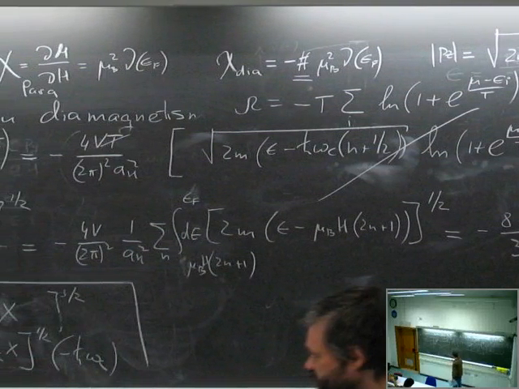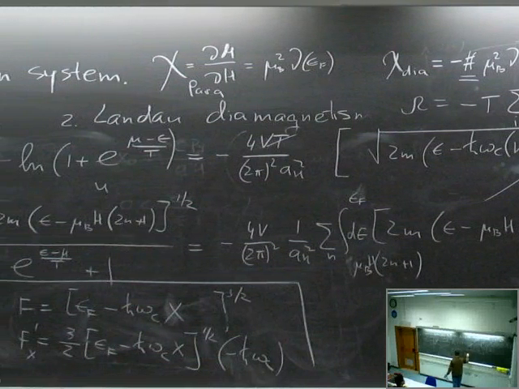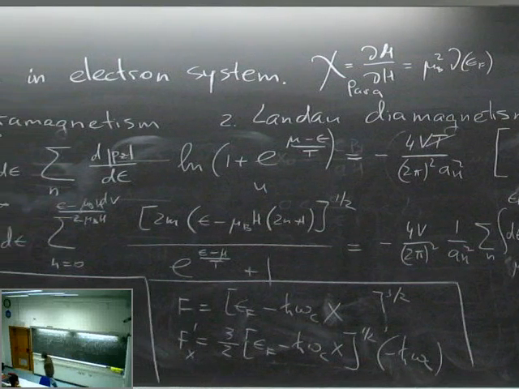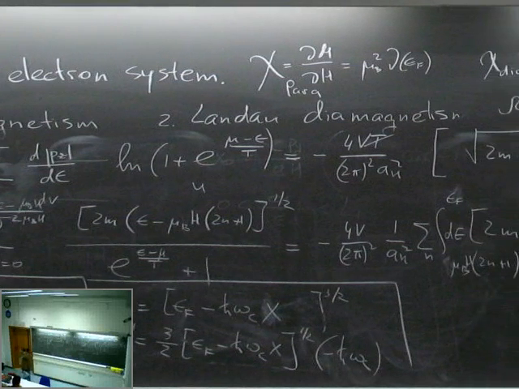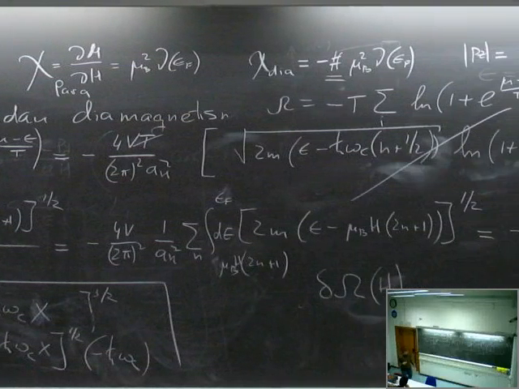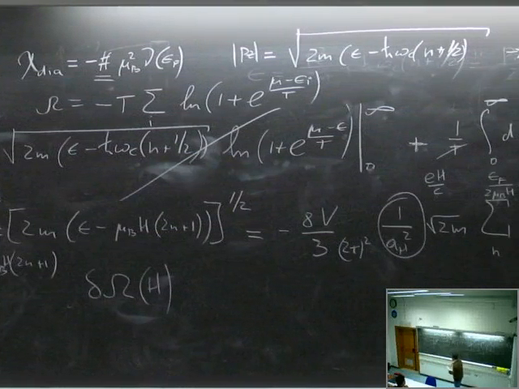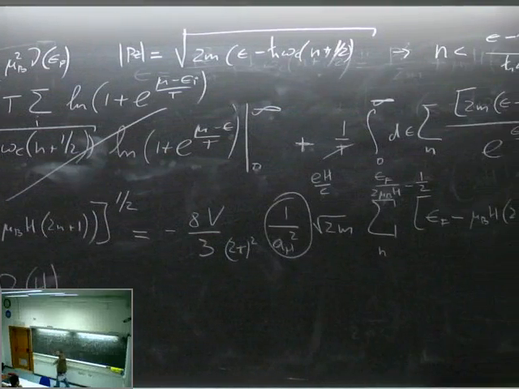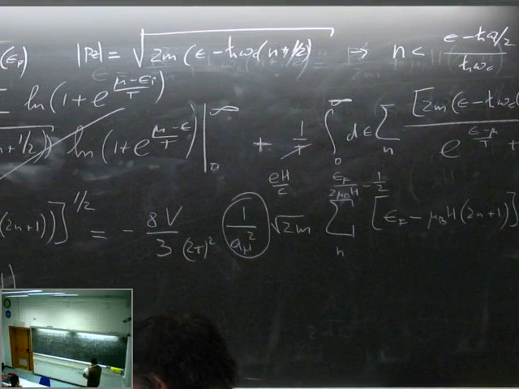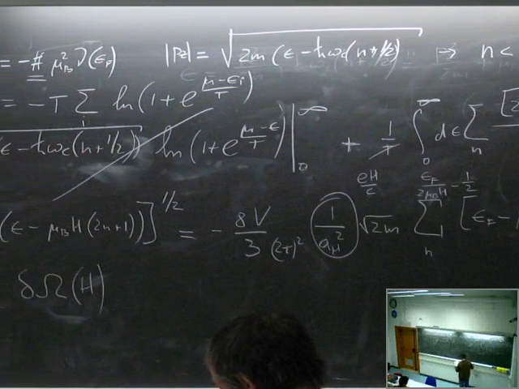What I will concentrate on is delta omega, which depends on the magnetic field. Because I will differentiate this with respect to magnetic field and calculate thus magnetization, and the second derivative will give me susceptibility. So I'm using only this simple form, which will then contain magnetic field. So I'm collecting all coefficients, and you do the same at home.